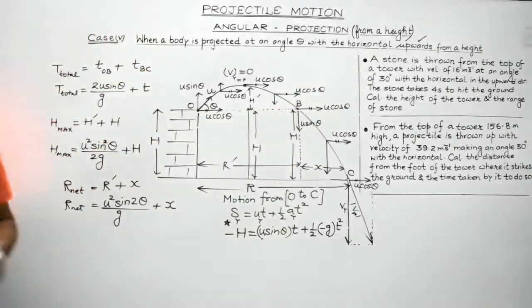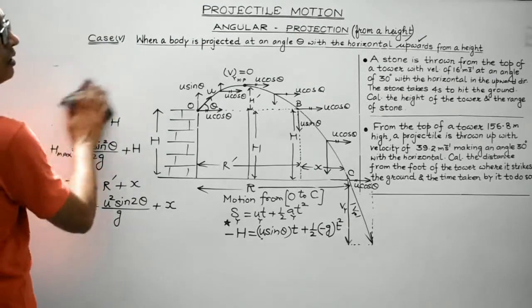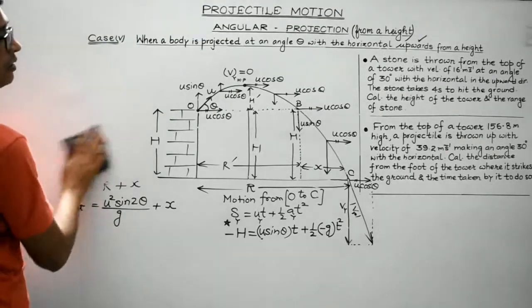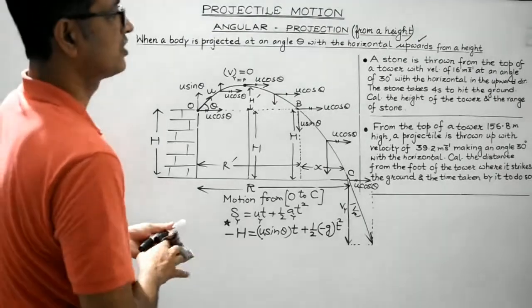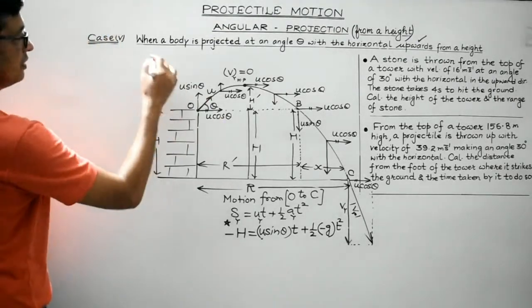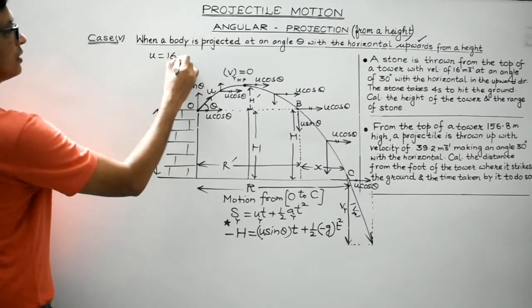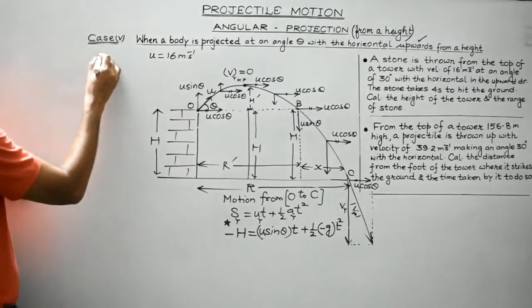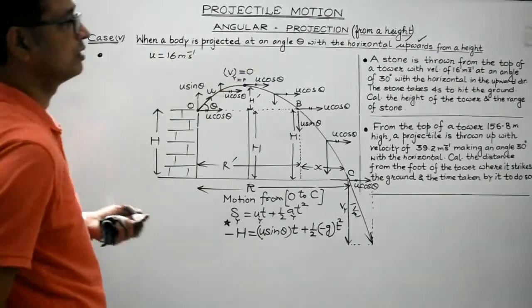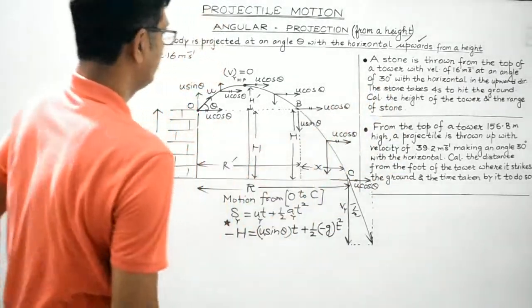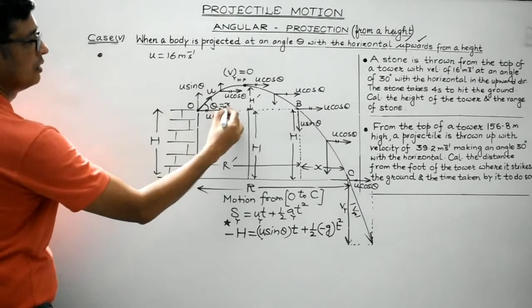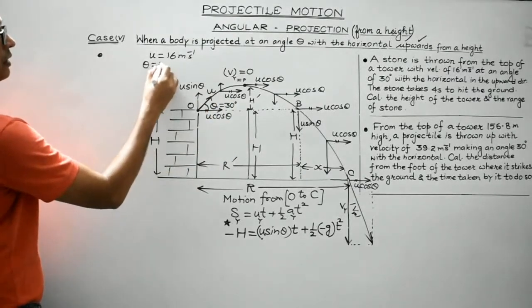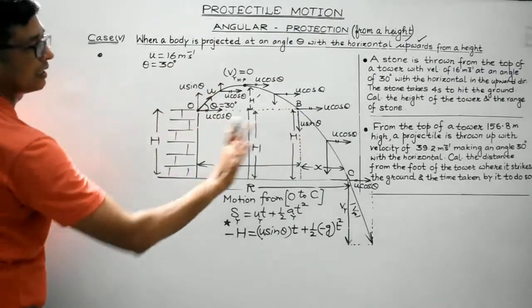Try to read that question. The question is, students: a stone is thrown from the top of a tower with a velocity of 16 meter per second. Well, this velocity is given to be 16 meter per second, right? We are dealing with the first numerical. At an angle of 30 degree with the horizontal, this theta is given to be 30 degree. So this is the valid diagram.